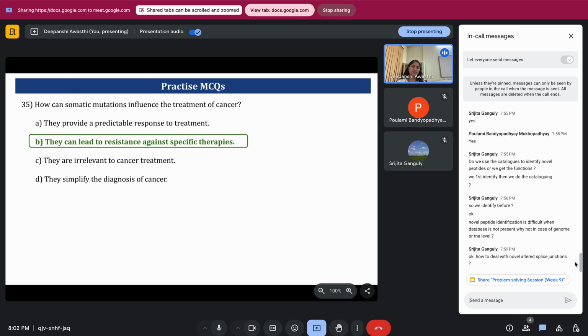But if we have the RNA-seq data, and during mapping we see any changes, then we can map it. We can see that okay, these are my introns, and this is my exon. If I'm getting RNA-seq reads which map to and cover some of my intronic regions, then I can say this is the altered splice junction. So with RNA-seq, I can identify the altered splice junctions.